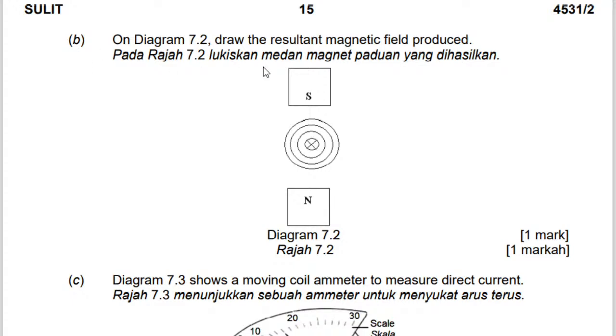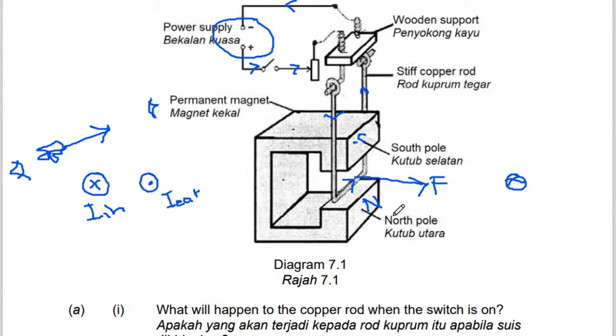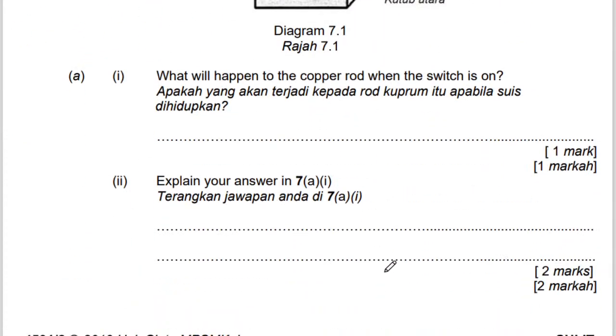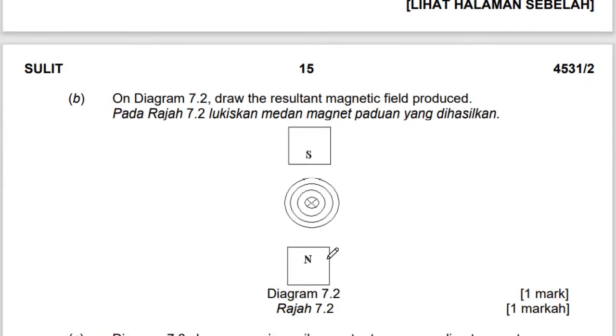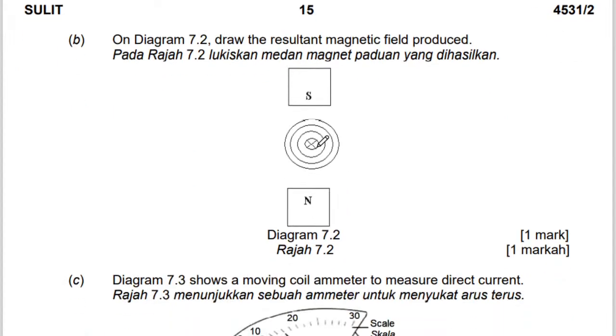Kejap. So here we have north south. Can you determine what is the direction? Sama ke the question? Sama dengan soalan ke? North, bawah, south. Oh, sama. Current going in. Okay. So we know now that the conductor is moving to the right.